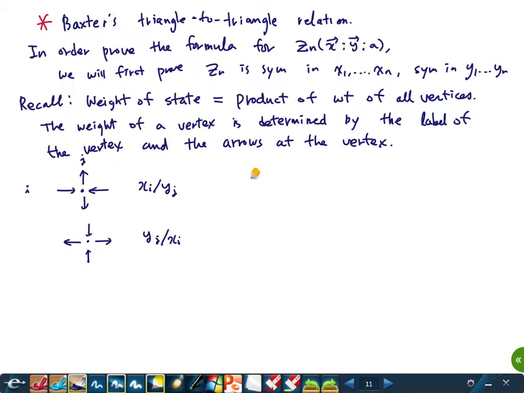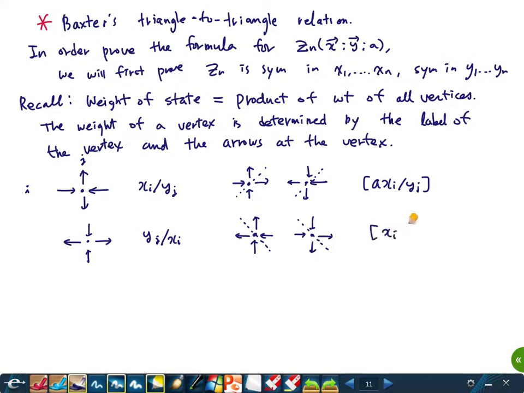And the other ones, what is the weight of this? You can think of this as this diagonal thing or the opposite. Again, for these diagonal ones, we have weight a, so a xi over yj. What about this one, where the two incoming arrows are like that or like that? This we have weight xi over yj. So the weight of each vertex is defined like that.